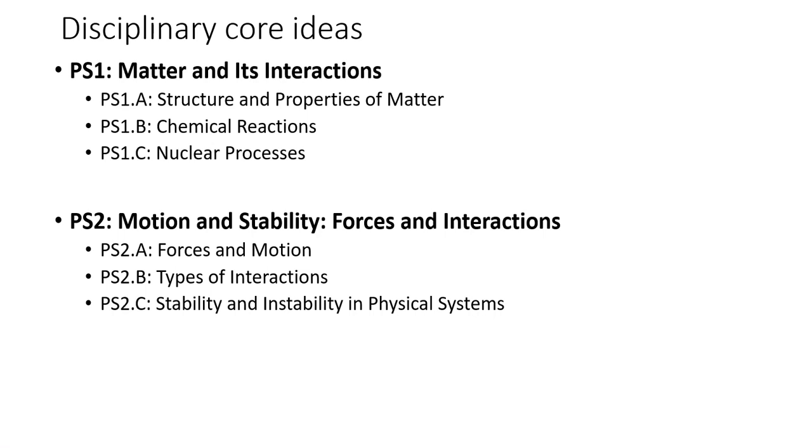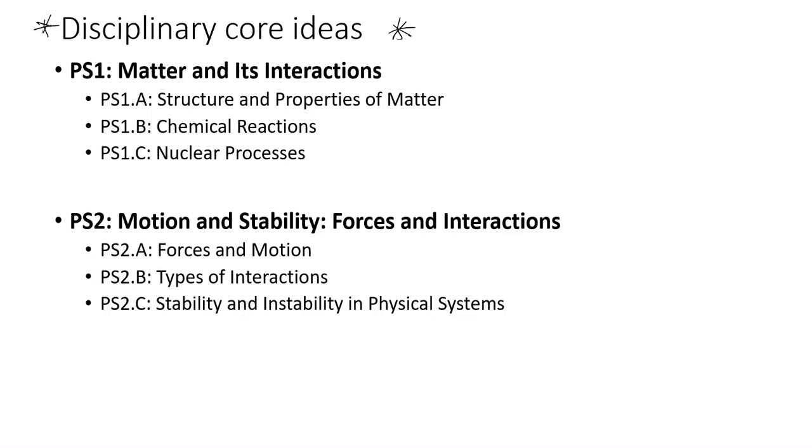So the second dimension of any NGSS is disciplinary core ideas. What I have done is I just took only the physical science ones. So things that you are going to teach in terms of disciplinary core ideas based on the NGSS.